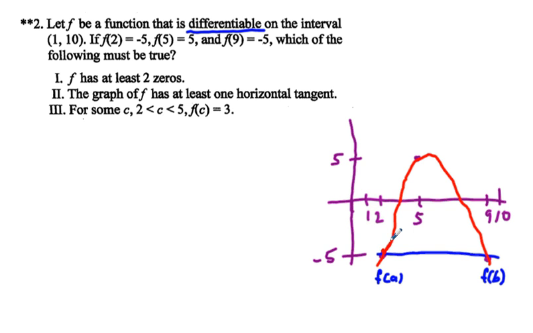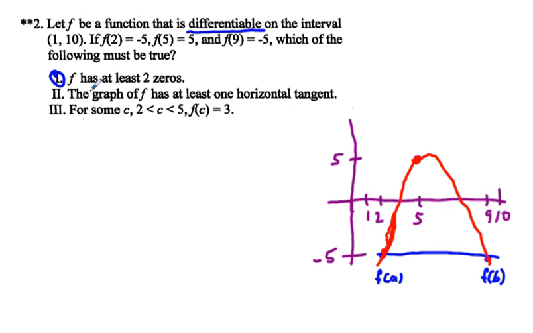It'll just qualitatively look something like this. And so according to the IVT, there has to be at least two zeros, one between 2 and 5, and also one between 5 and 9.